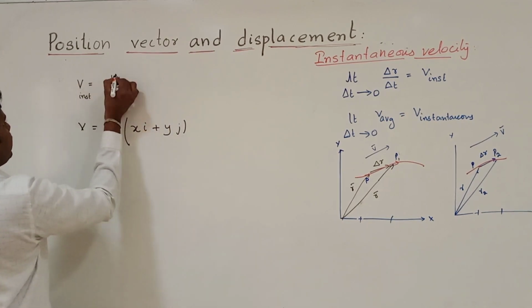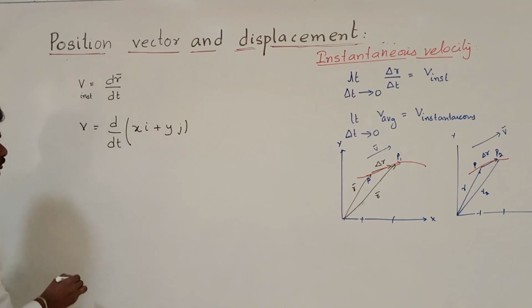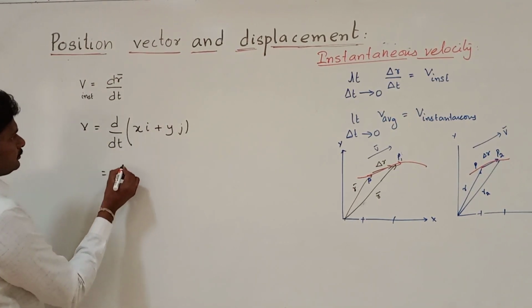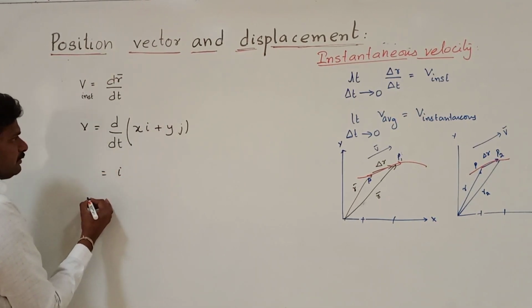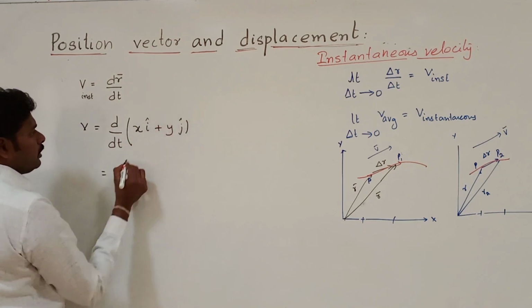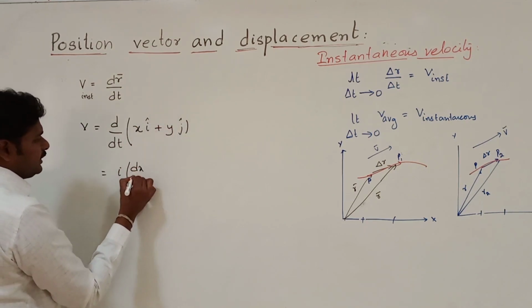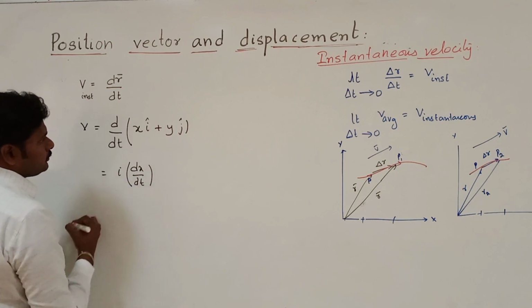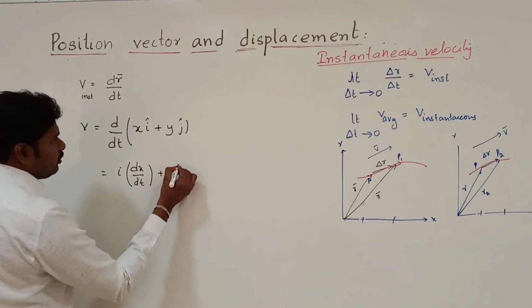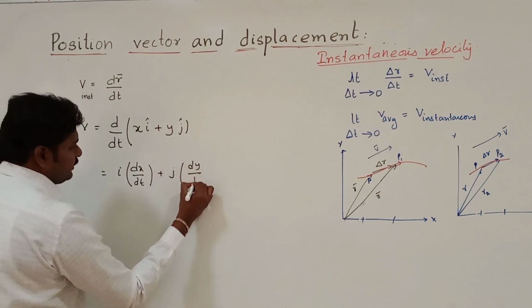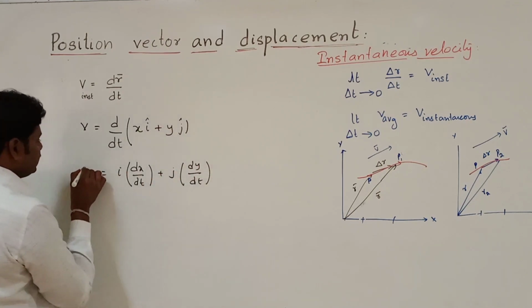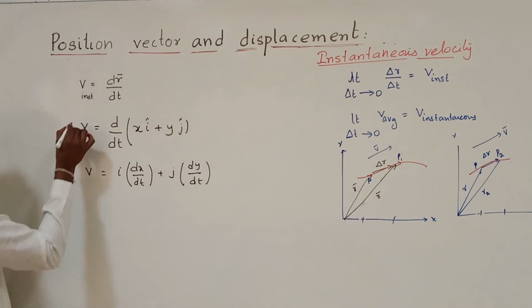Of course you can write it this way, no issue. I take the i outside, which is a vector, dx by dt, and j is taken outside, dy by dt. So this is called V, of course, a vector.